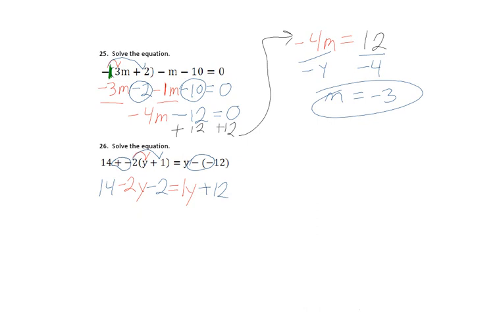That's just the same as a negative, which I did write over here. Okay, well, let's combine our like terms. So 14 minus 2, that is going to equal 12 minus 2y equals 1y plus 12.